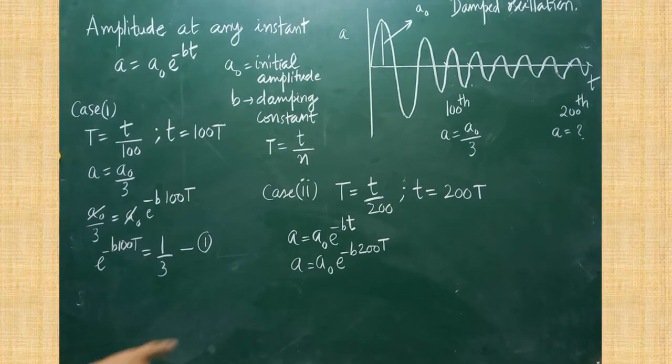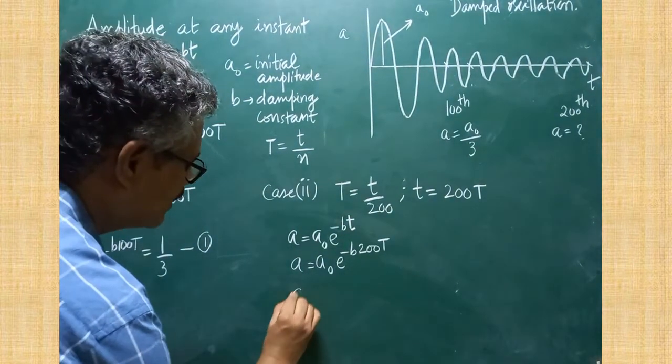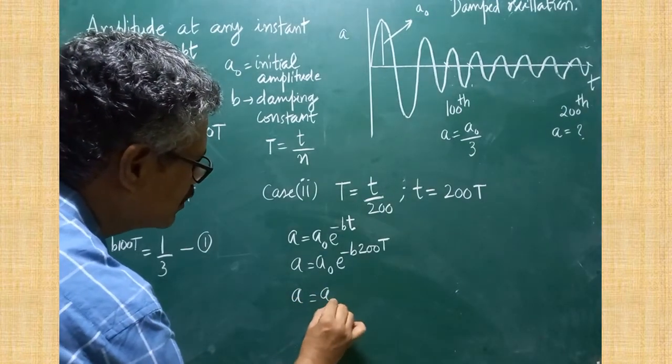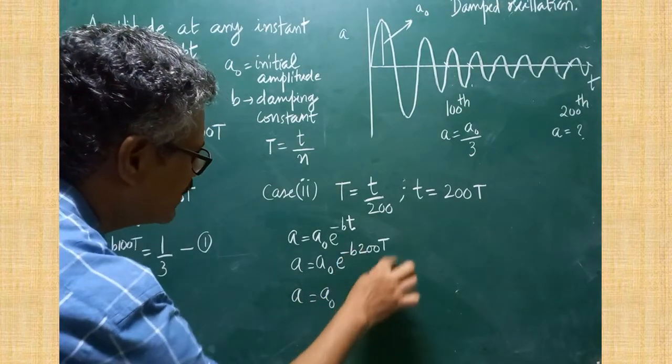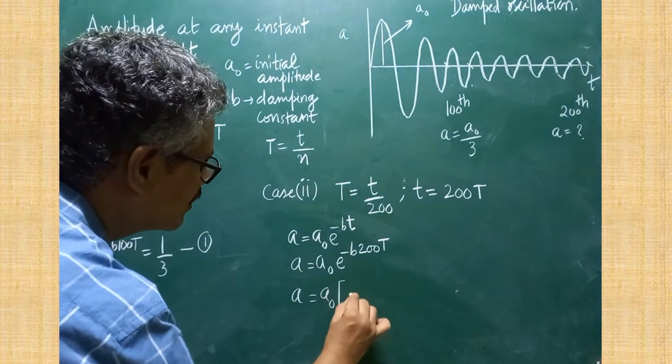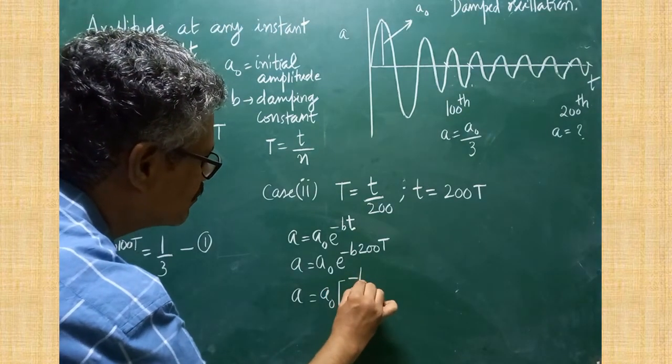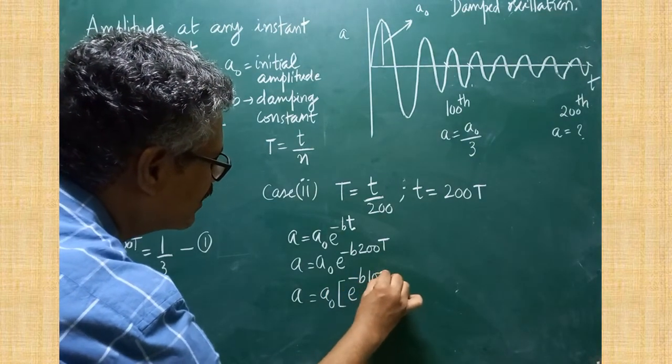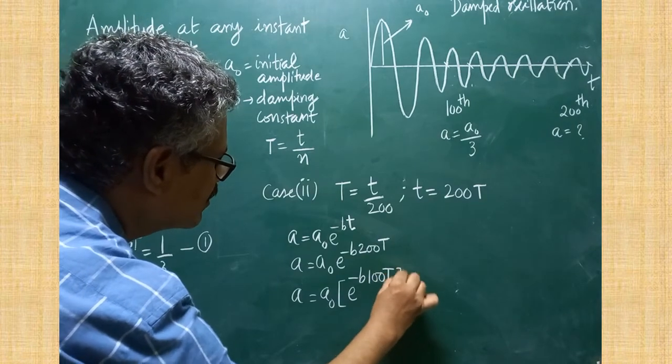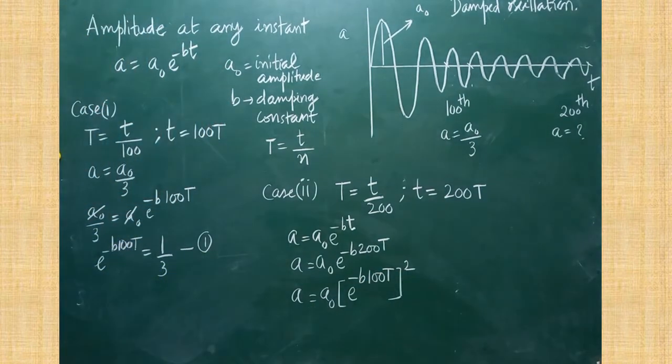After writing this step we can write A is equal to A0, and this entire part can be written as e power of minus b 100T, whole square.